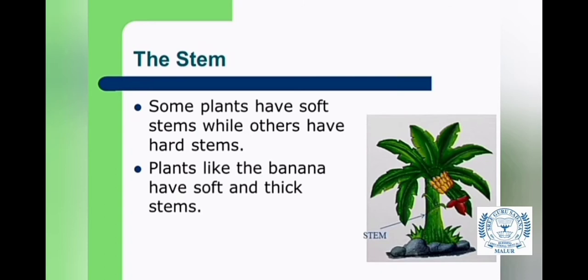See, let us look into the stem here. Some plants have a soft stem while others have a hard stem. Plants like banana have a soft and thick stem.